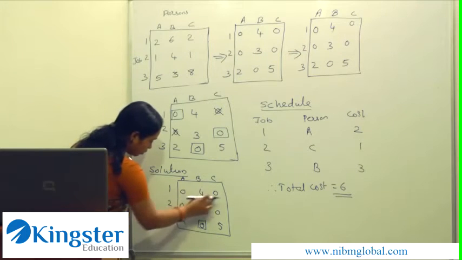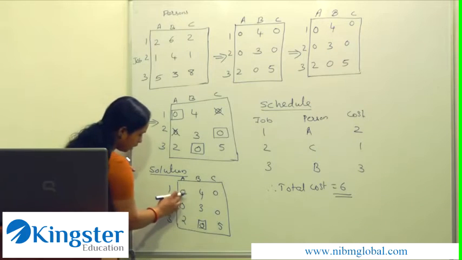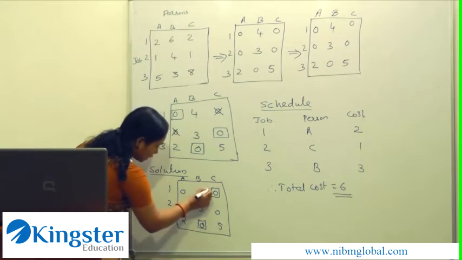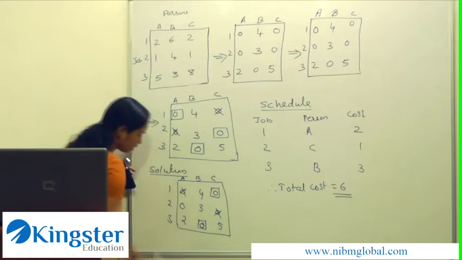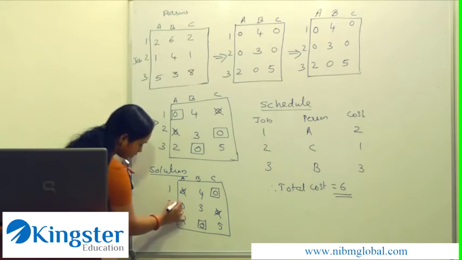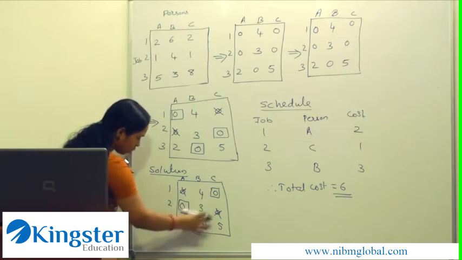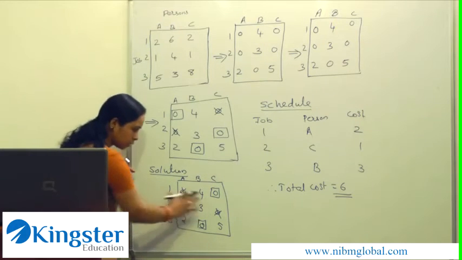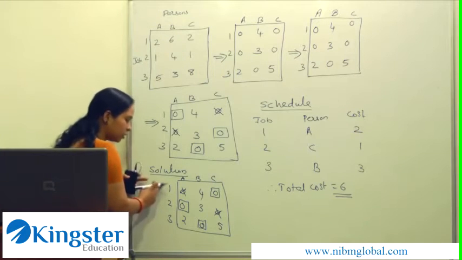Now we have 2 zeroed rows. Suppose we give an assignment here. If an assignment is made here, we should cross out this zero as well as this zero. Now move to the next row. An assignment is made. Now every row and every column contains a single assignment. So maximum assignment is made. But in this case we get a different schedule.